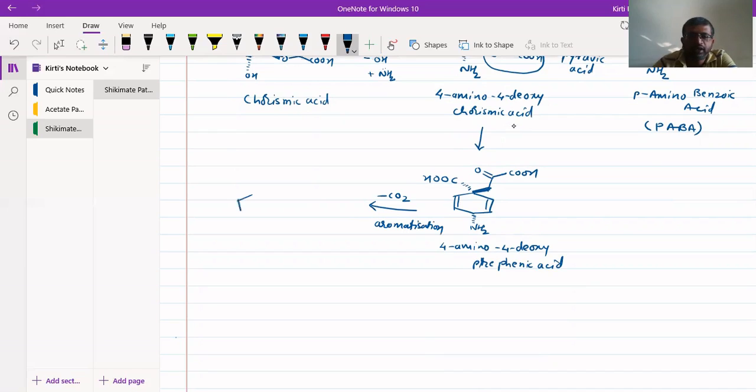So we will have a product as, यहाँ पे हमारा NH2 ग्रुप रहेगा, and here we will have COOH and here we will have NH2 group. So this we will get, this is para-amino phenyl pyruvic acid.